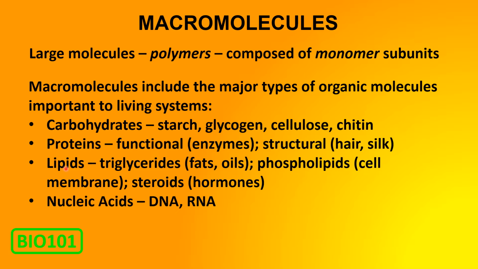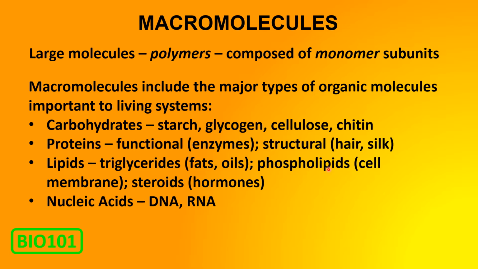Lipids, that's a word that the lay public uses for fat. Lipid and fat are kind of interchangeable, but this includes fats and oils. We call those triglycerides because they have 3 subunits. We'll also talk extensively about phospholipids.